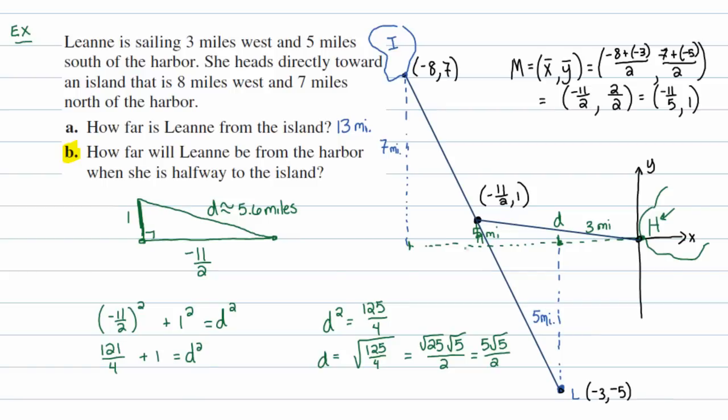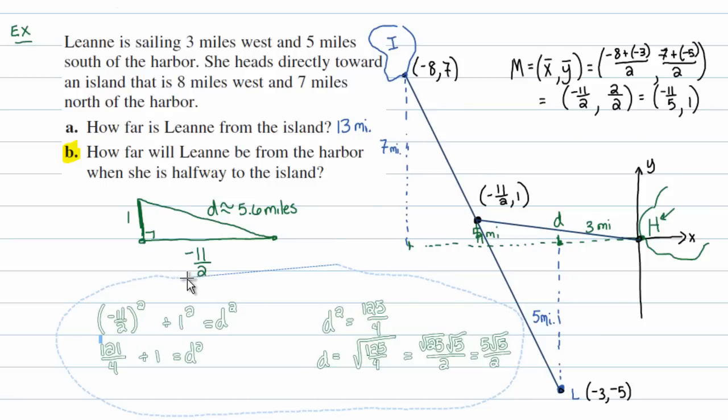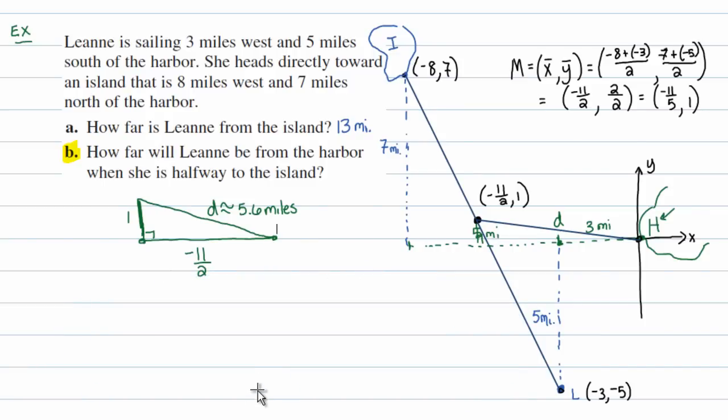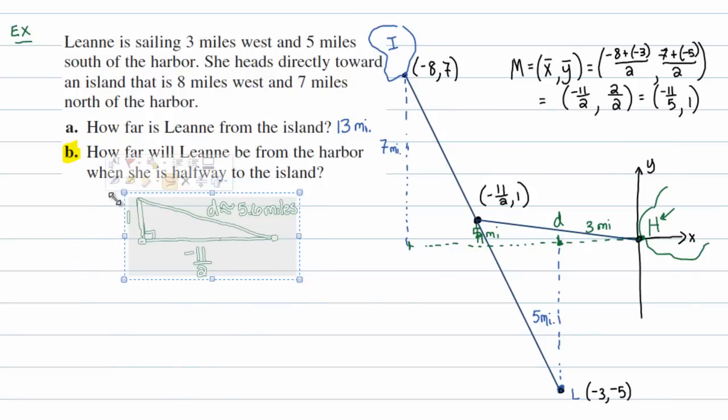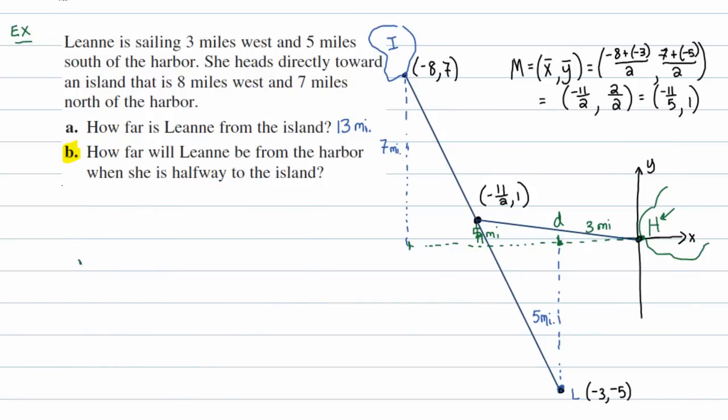By the way, for those who did properly watch the distance formula lecture, you could have done this part of the problem using points instead of using distances like that. Because remember, the distance formula is just equal to the square root of the distance between the x values squared plus the distance between the y values squared.